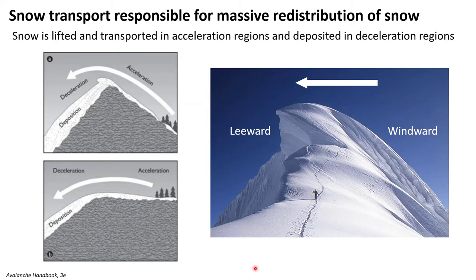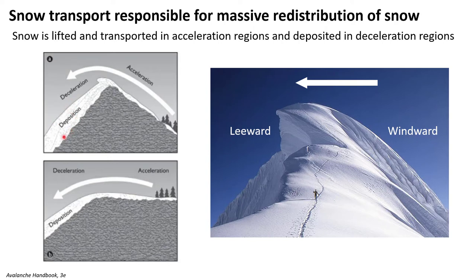And the general idea is that we have wind or turbulence that accelerates, typically as you move up or higher in elevation for the reasons we just discussed. And then as it crests over the ridge, we get a deceleration regime as that wind gets to expand over a larger volume.